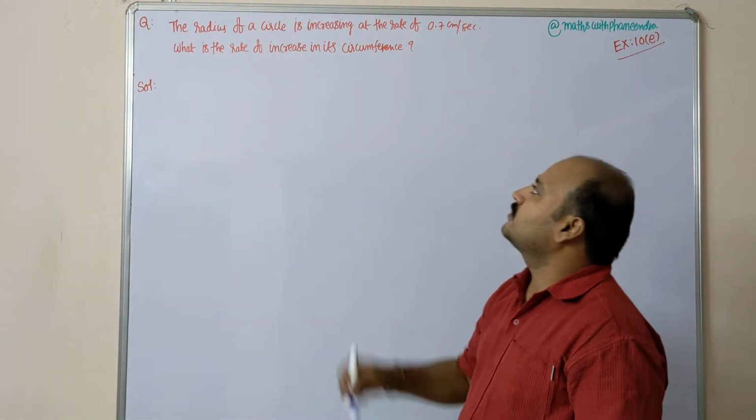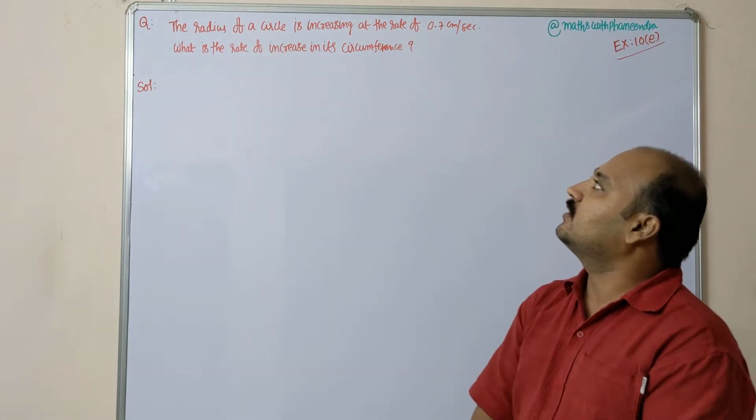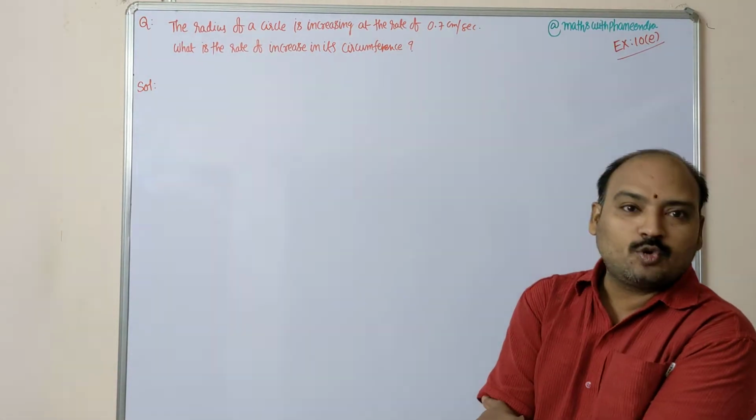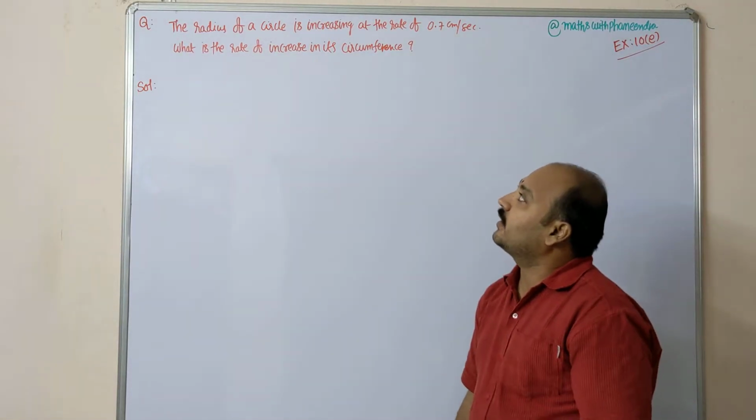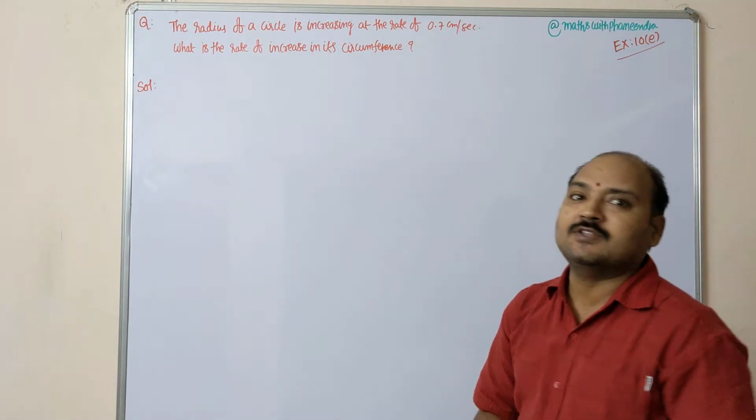The next question is, students, the radius of a circle is increasing at the rate of 0.7 centimeter per second. What is the rate of increase in its circumference?